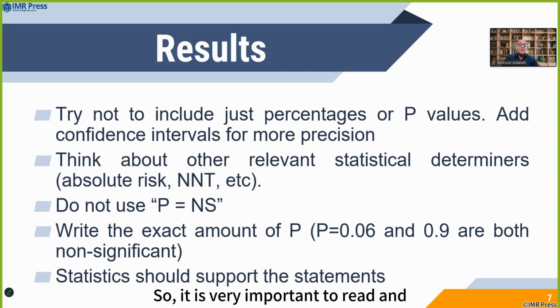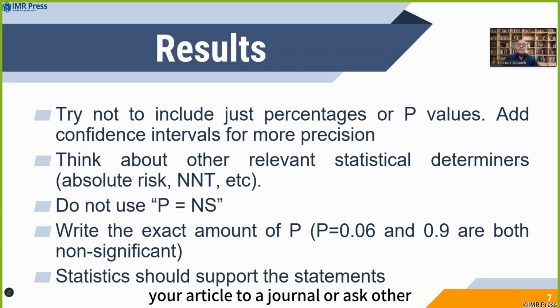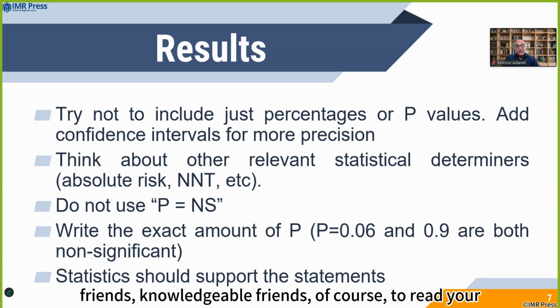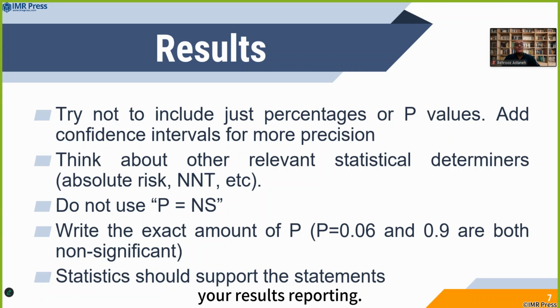So it is very important to read and read and read again your article before submitting it to a journal, or ask other knowledgeable friends, of course, to read your articles to find these very probable mistakes during your results reporting.